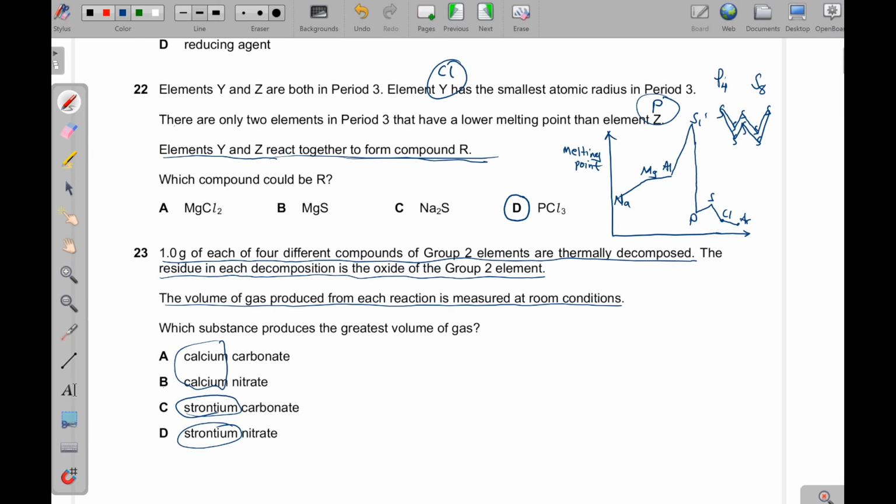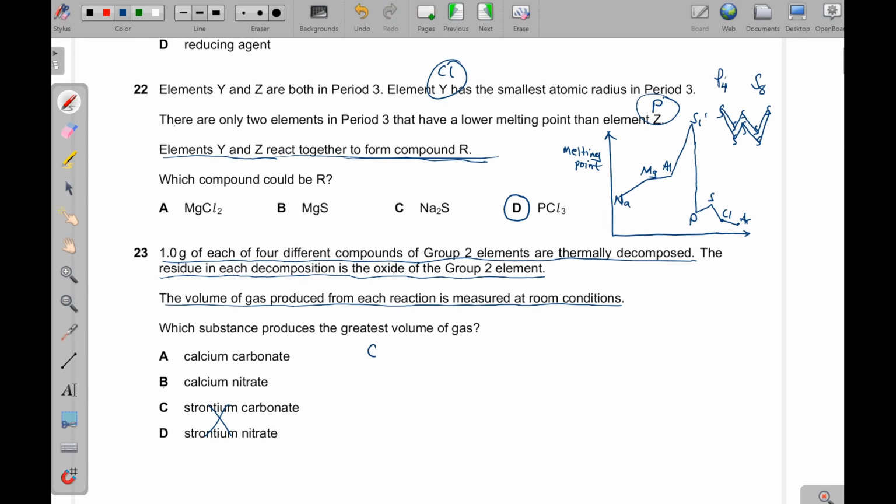So if the thermal stability increases, those carbonates or nitrates for the elements in group 2 that are down in the group are going to decompose so slowly. You get it? So at room temperature, they might not even decompose. So I have to do away with the strontium. Then I have to come to calcium.